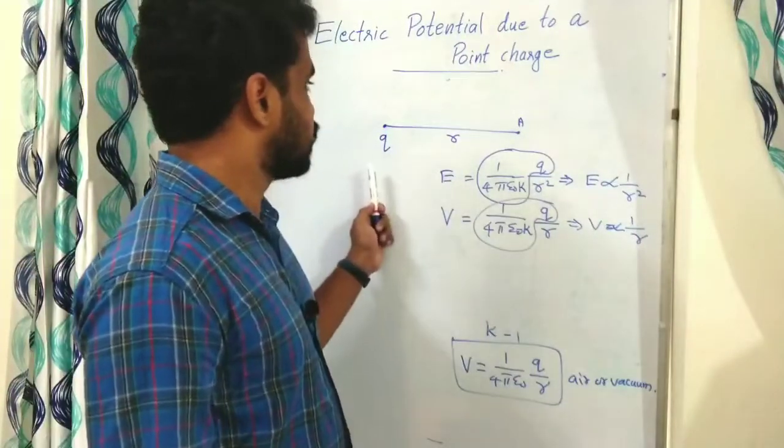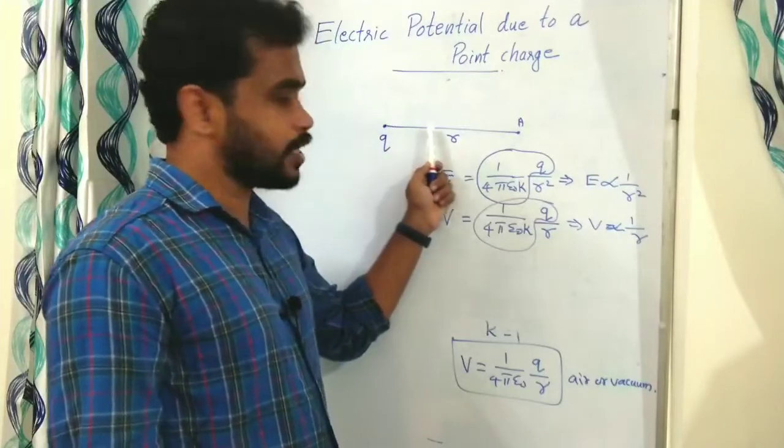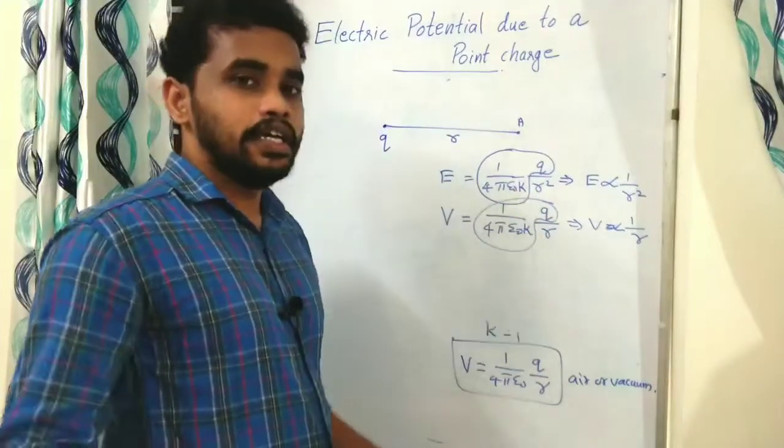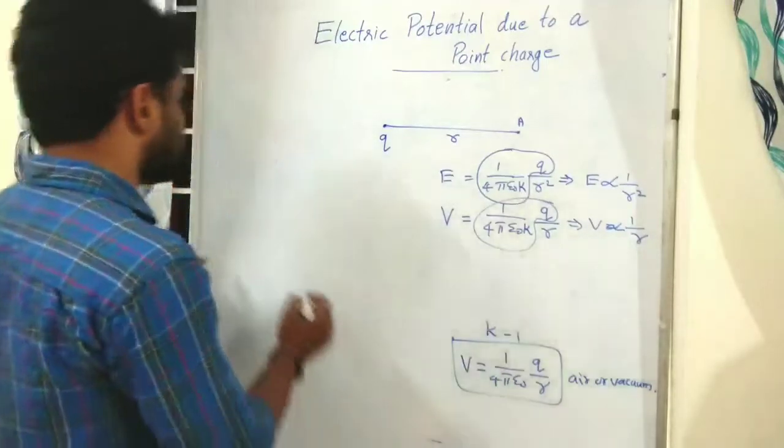It means that the electric field intensity due to a point charge, if you are moving away from that charge, decreases very rapidly compared to potential. That will show in the graph.